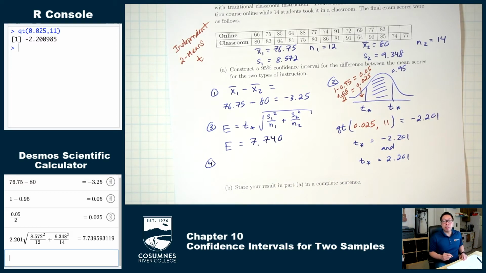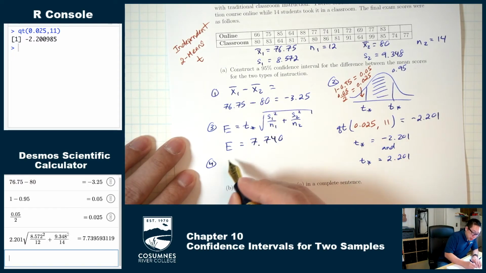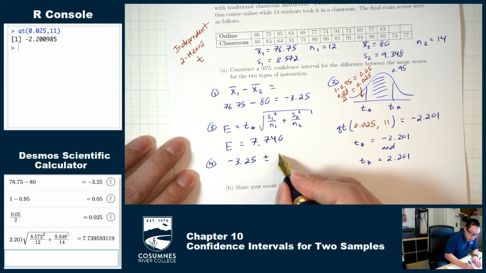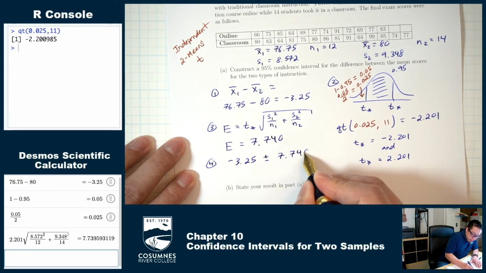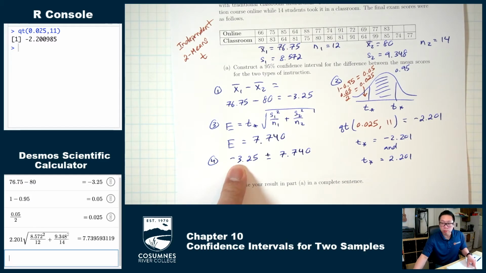And then finally, step 4, construct your interval. So start with the x1 minus x2, which is negative 3.25, plus or minus the margin of error, 7.740. And then I want the low number and also the high number. So the low number, we take negative 3.25 minus 7.740.